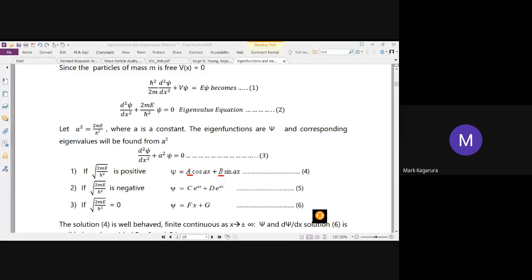Désolé. Of course, for those who know some French, désolé. Oh, sorry. You zoom in, zoom out.